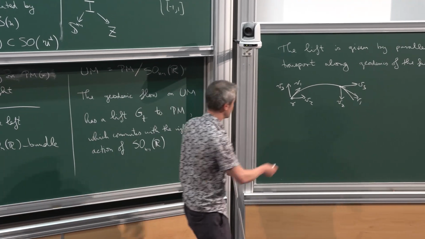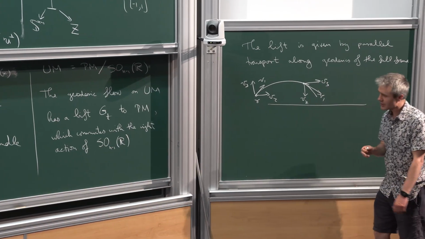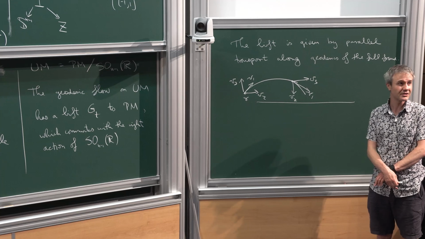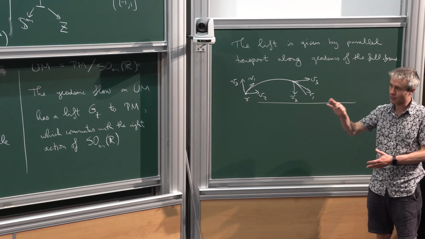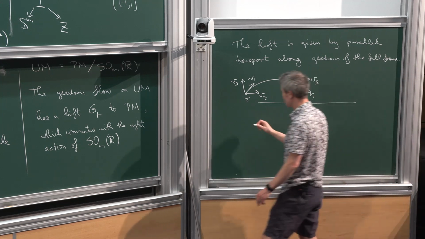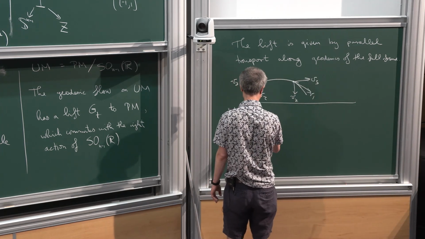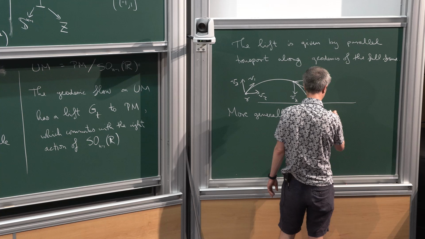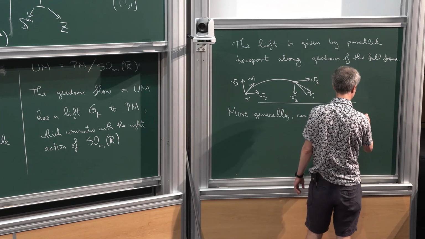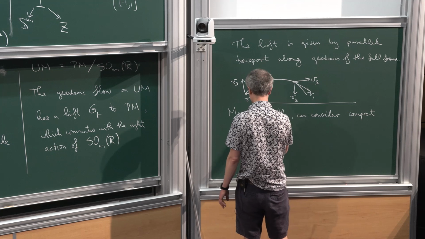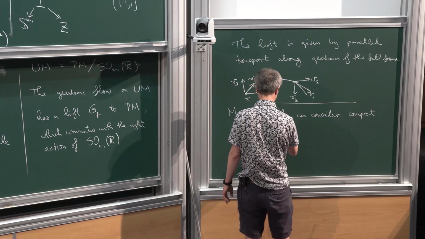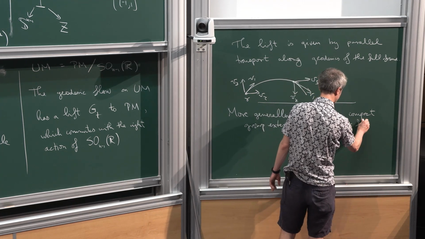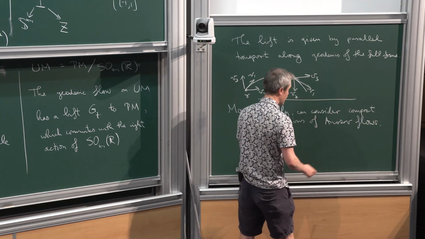Okay? So just notationally, it will be for a moment a little bit more convenient to take a step back and consider a slightly more abstract setup, so step away from geodesic flows. More generally, we can consider compact group extensions of Anosov flows. What I mean by this is the following.